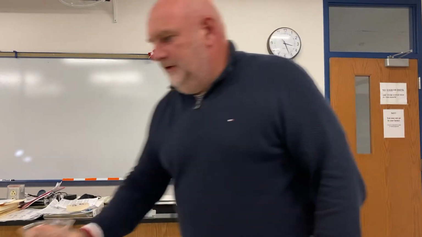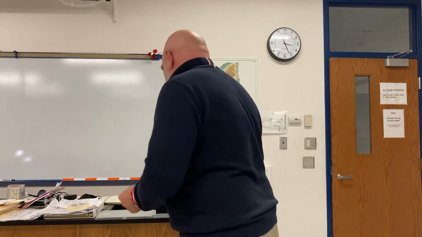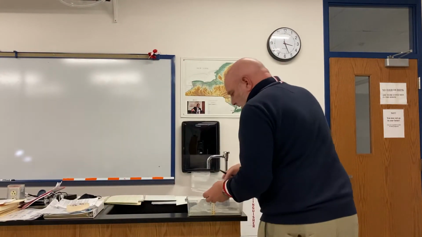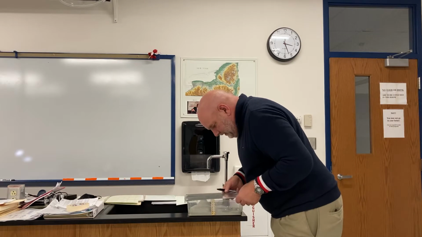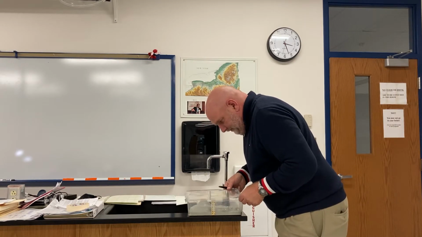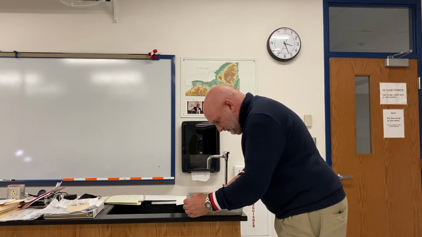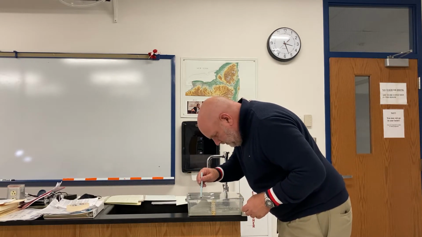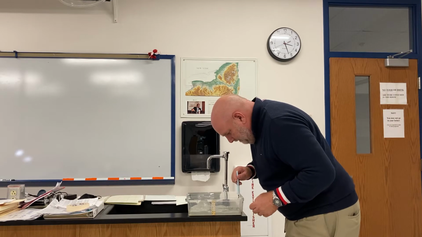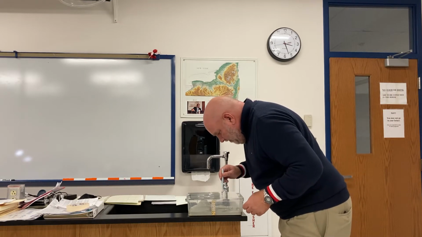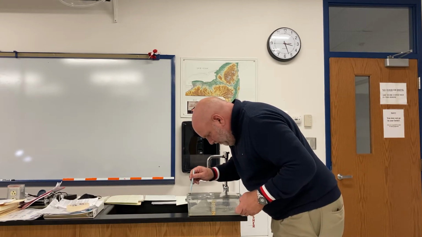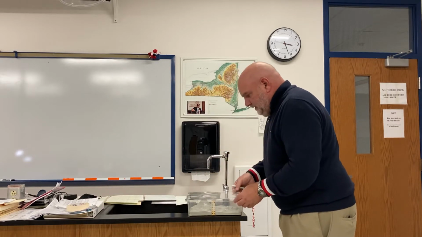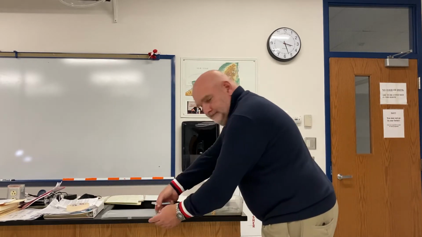All right, so we've got it filled up to the 1 line. Take my lid, put it on top. As such, I can draw where the shoreline is. Take the lid off.